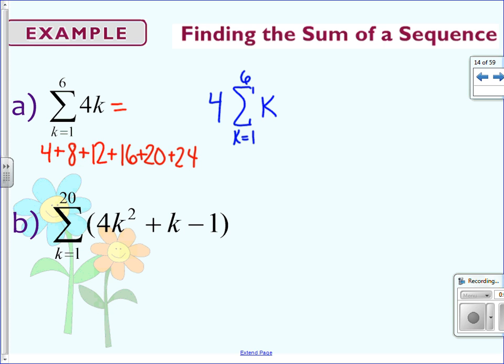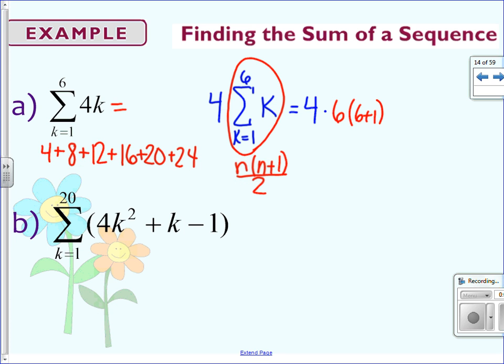Now, when I take out that 4, I will notice that this is the second formula on the prior slide. This is the formula n times n plus 1 over 2. So I can fill in 6 for n because I'm adding up the first 6 consecutive integers. So this is 4 times 6 times 6 plus 1 over 2.